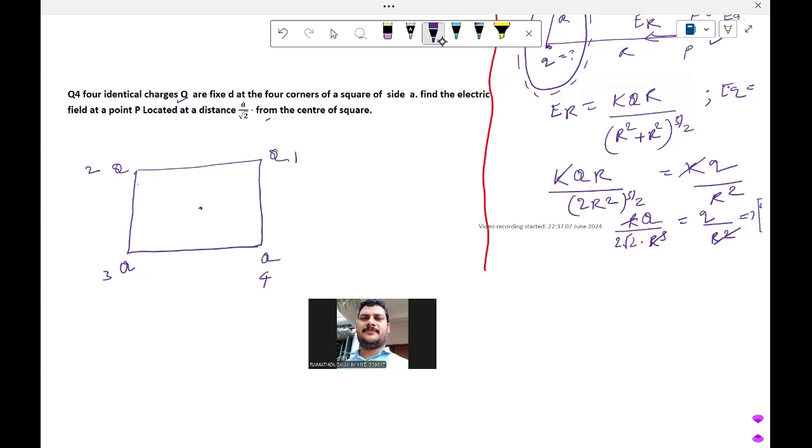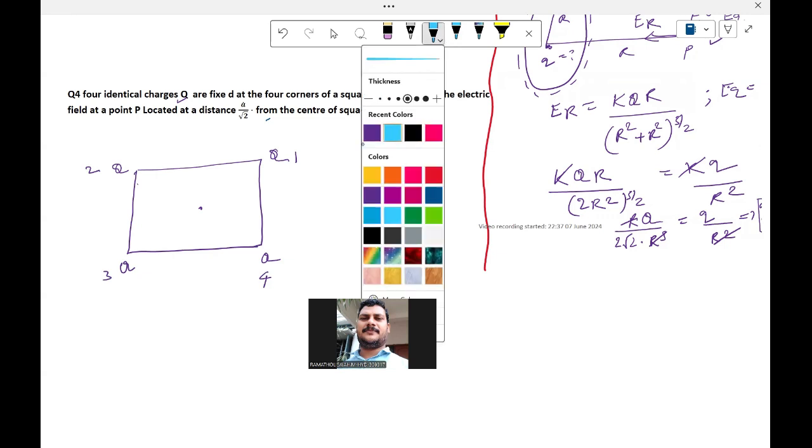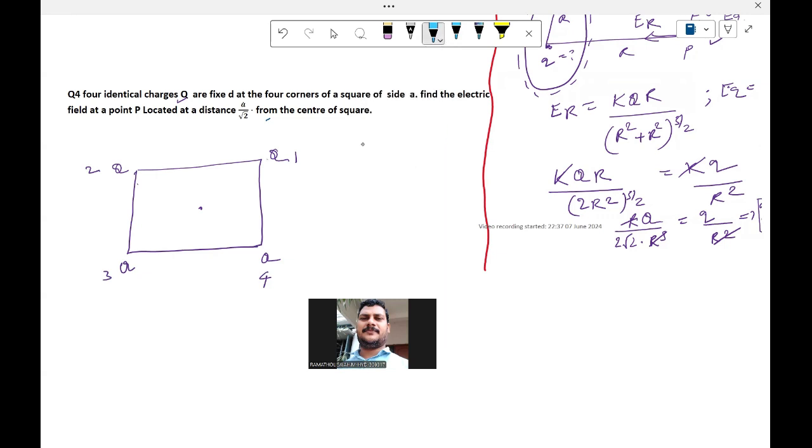In some cases they will give 1 and 2 positive and 3 and 4 negative, otherwise 2, 3 positive and 1, 4 negative. However, they can give that, but here all are positive, given for understanding.